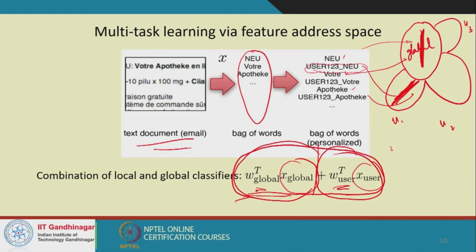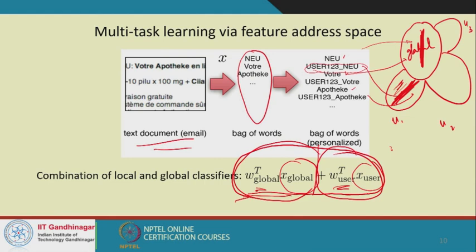This is good because consider a particular user who has just come into the system. For that particular user, the w transpose for the user is 0, right? Because I have not yet trained a user-specific classifier, because the user has not given any feedback. Therefore there won't be any contribution from the user-specific part.